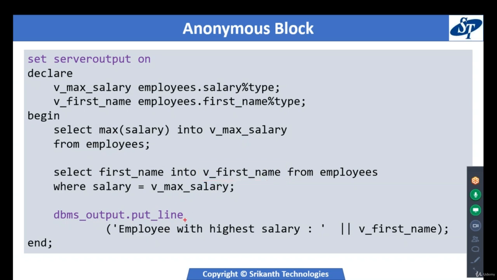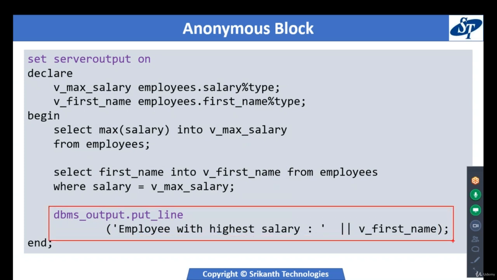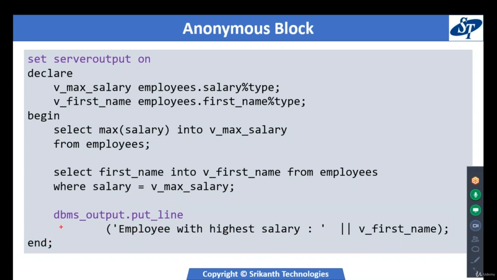Now what do you do with that? Now that name is to be displayed. So this is where we display the message saying employee with the highest salary is so and so. To display anything onto the screen in PL SQL, you need to use DBMS_OUTPUT.PUT_LINE. You will understand more about this particular structure, but this is called a package and this is a procedure.